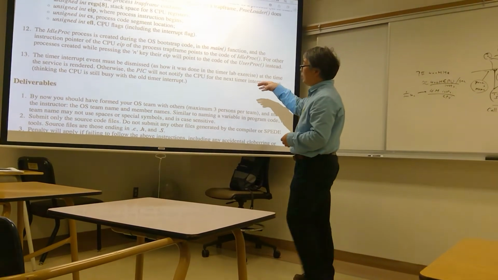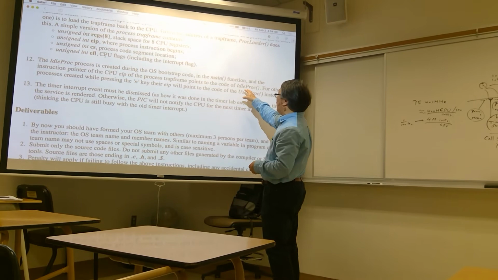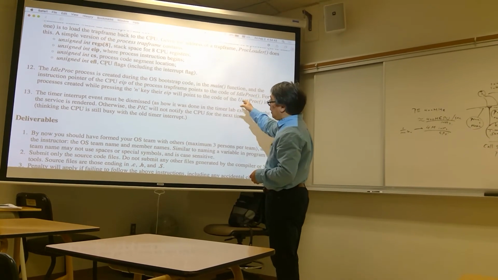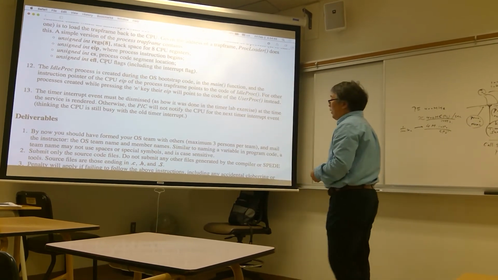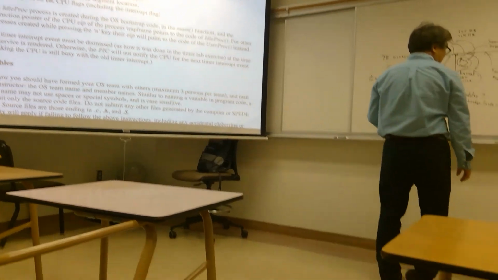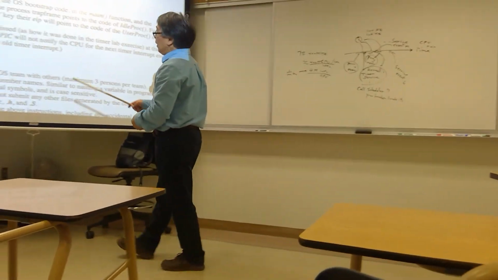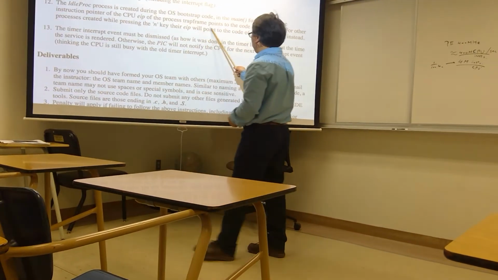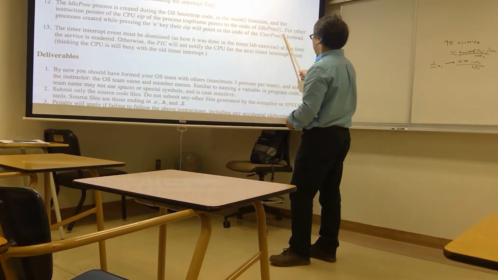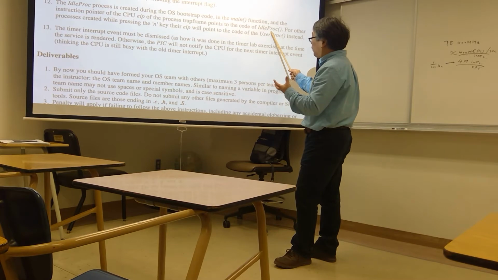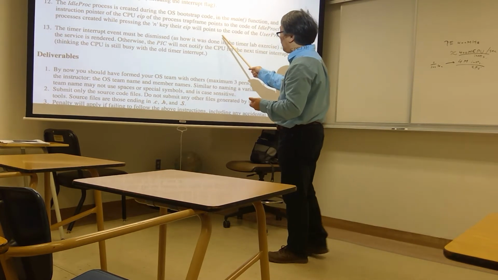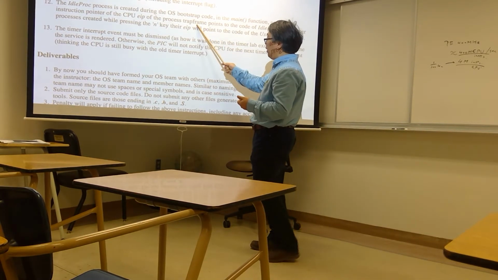Number 12, the idle process is created during the OS bootstrap code in the main function, and the instruction pointer on the CPU, the EIP, of the process trapframe points to the code of the idle process. So when we create a process, we create a trapframe in the runtime stack to be loaded.